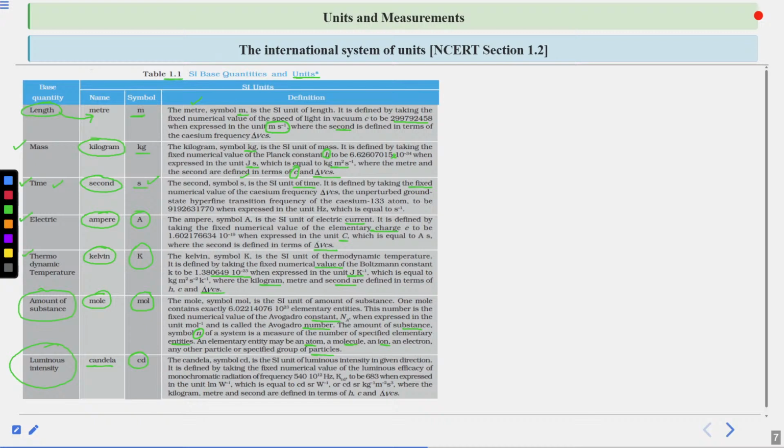Yes or no? If we switch on the torch, light covers a specific area in a given direction. So that is measured using the concept of luminous intensity.